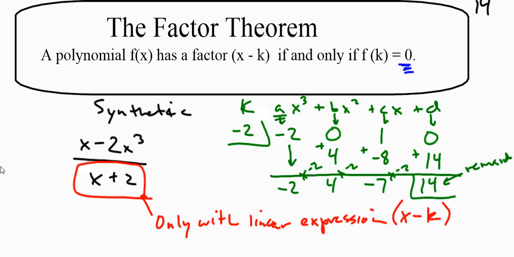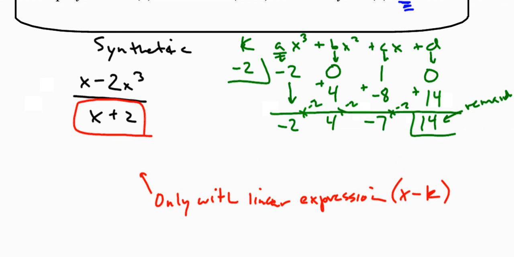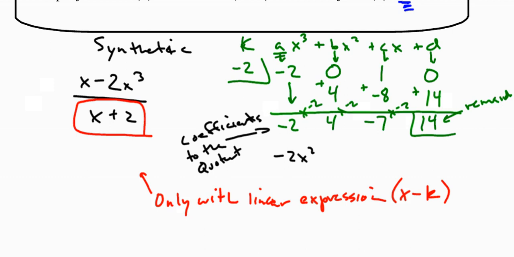And these numbers right here are the coefficients of the quotient. So the quotient is x squared minus 4x plus 7, with a remainder of 14.